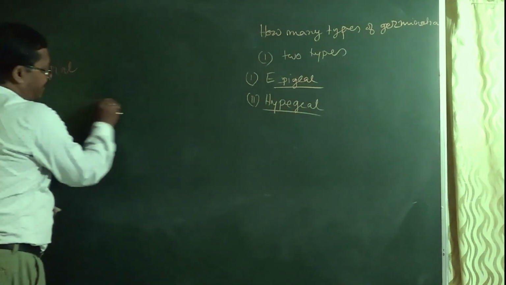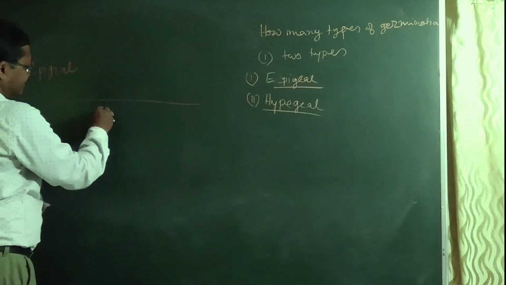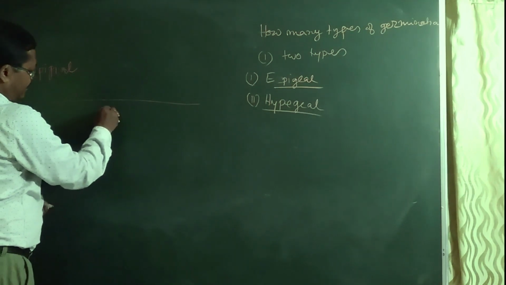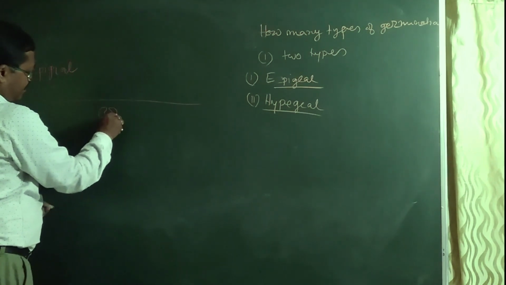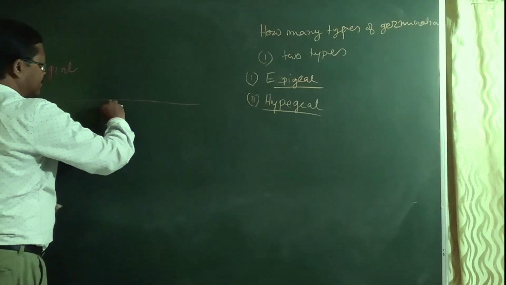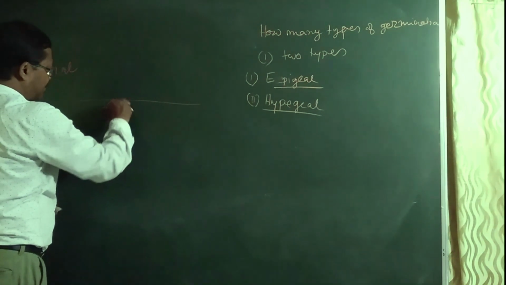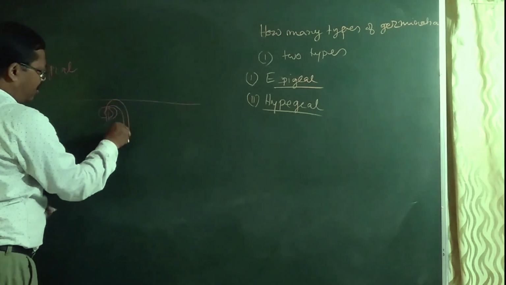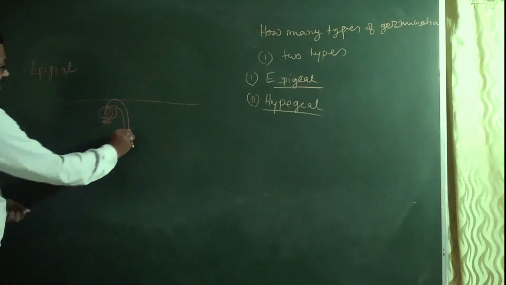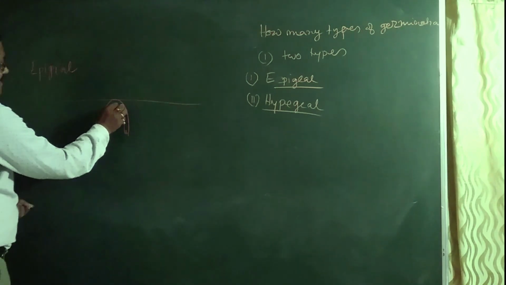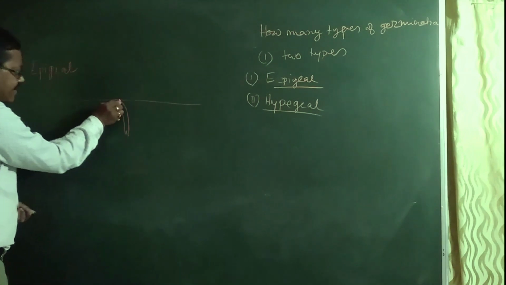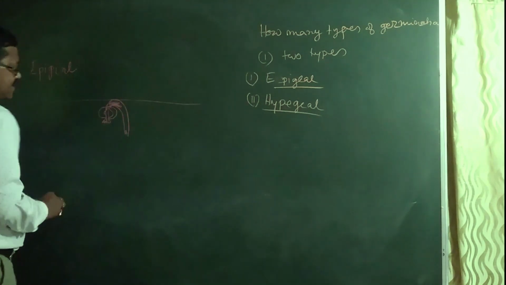Epigeal germination. Suppose a bean seed, when a radicle and plumule grow. In a later stage, this side elongates faster.